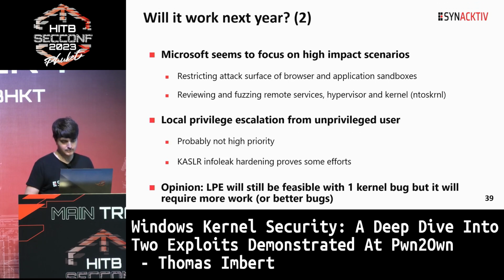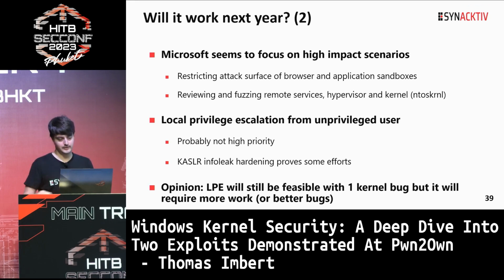So to go back to the question, will it work next year? Actually, Microsoft is doing a lot on high impact scenarios, so reducing attack surface, hardening sandboxes, but for local privilege escalation from an unprivileged user, I don't think this is a priority.